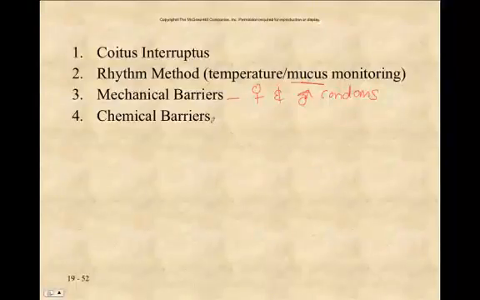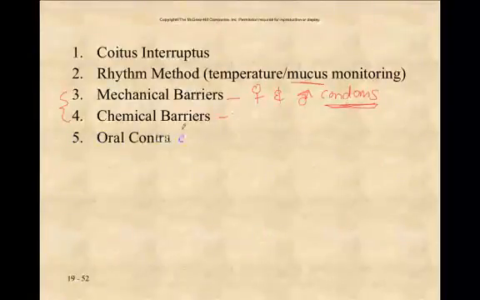Using these two together is most effective, a mechanical barrier along with a chemical barrier. Although you have to be careful, because depending upon which spermicidal cream you're using, some of them can weaken your mechanical barrier condom, so you have to pay attention to that as well.